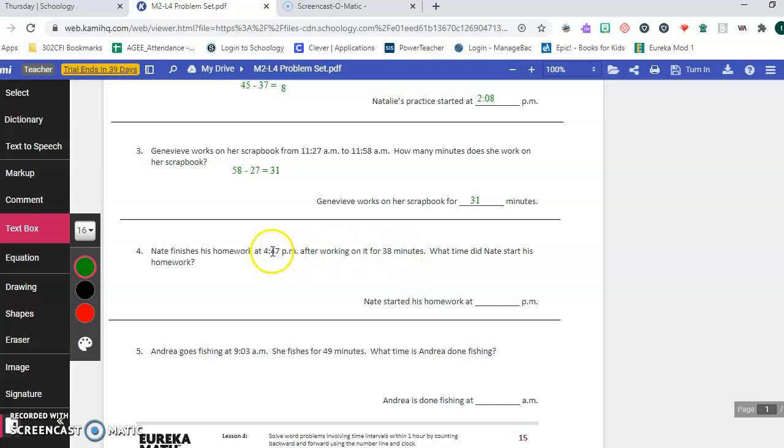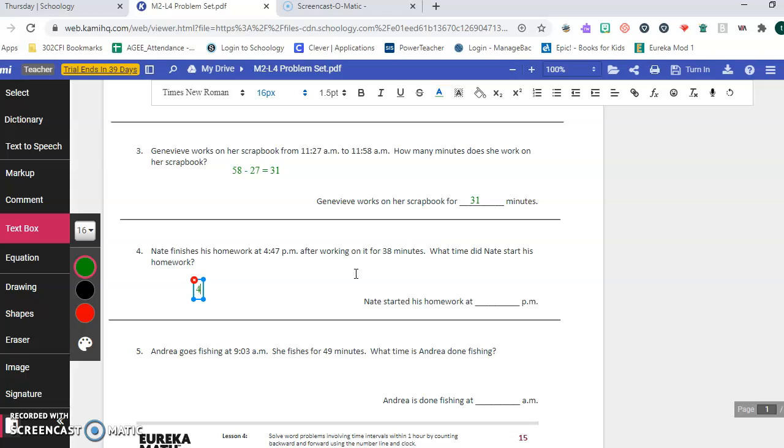So if we have a 47-minute mark here, we're going to go back in time 38 minutes to figure out the time when he started his homework. My equation is going to look like this: 47 minutes minus 38 minutes, and that's going to give me the minute in the 4 o'clock hour that he started in.